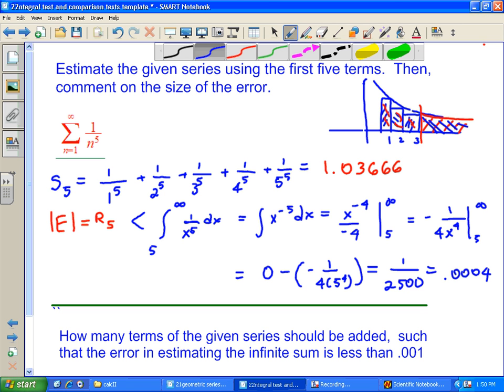We didn't add term number 6, 7, 8, 9, 10, all the way to infinity. But what have we missed by not adding all those extra terms? Whatever it was, less than 0.0004. So if we took this example to Scientific Notebook, this would have converged very fast. Basically, after you add the first 5 terms, the first 10 terms, you would have started to see a pattern emerging there, okay?